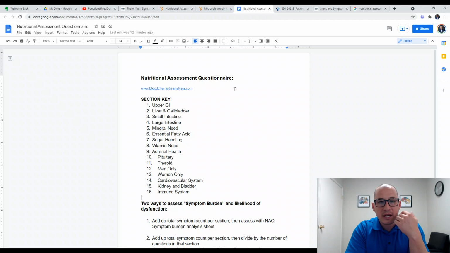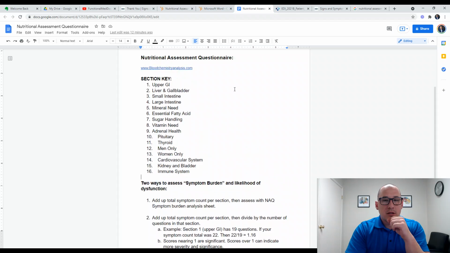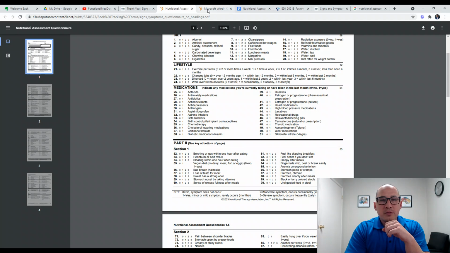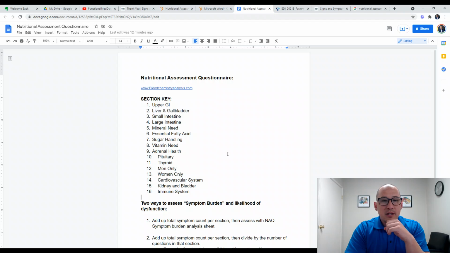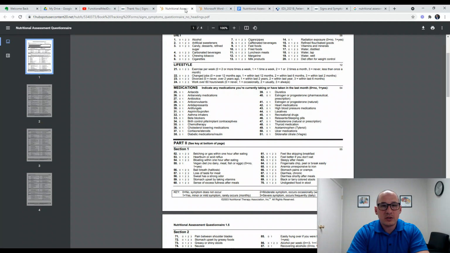Once you get all the forms filled out, what I did is I gave you the section key so you can see what section and all the questions each area might pertain to. For example, we can see here section 1 under part 2.